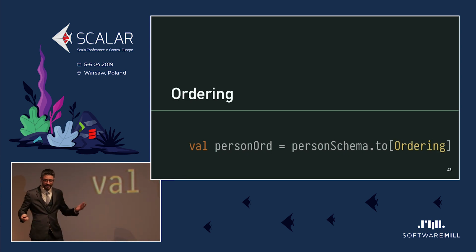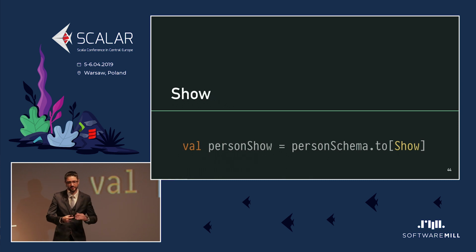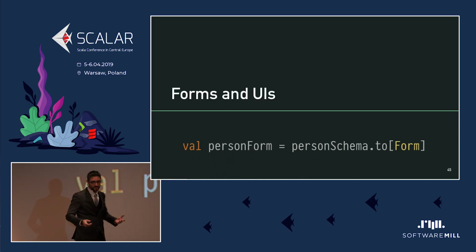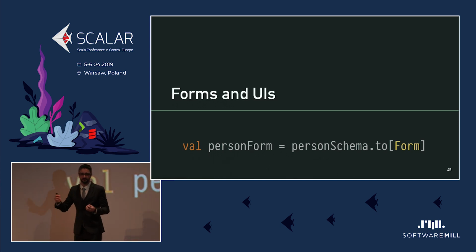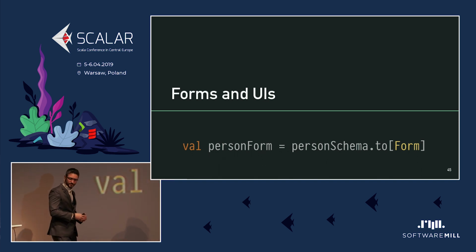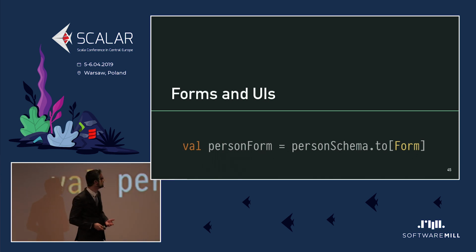Or orderings. You can also have a nice Show instance to pretty print your data in debug with just a line of code. You can have forms and UIs. You can derive the UI and the forms from the schema. And so if you need to change your schema, the form is automatically updated.